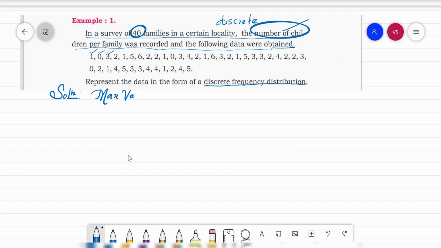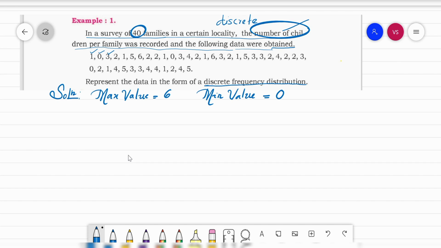What is the maximum value here, students, in this whole data? The highest value that you can see is 6. And the least value that we have here is 0. Okay, so with this you can easily identify and do what best you can.